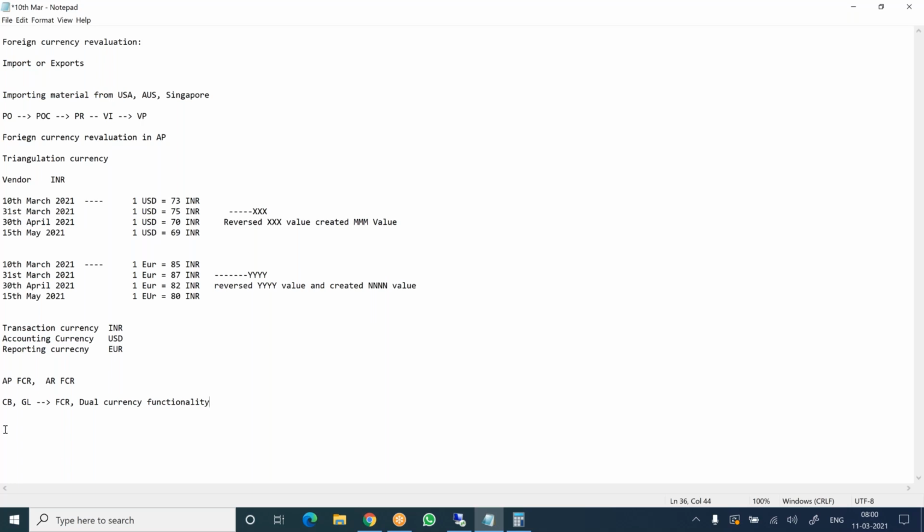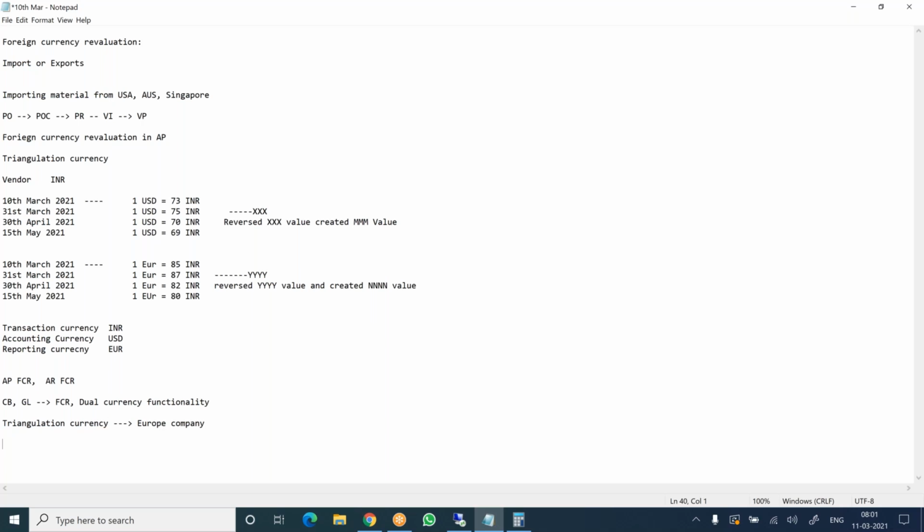Next, what is this triangulation currency? This triangulation currency is applicable for Europe companies. If your company is in Europe, that means if you are running your business in Europe, we need this triangulation currency. Why?